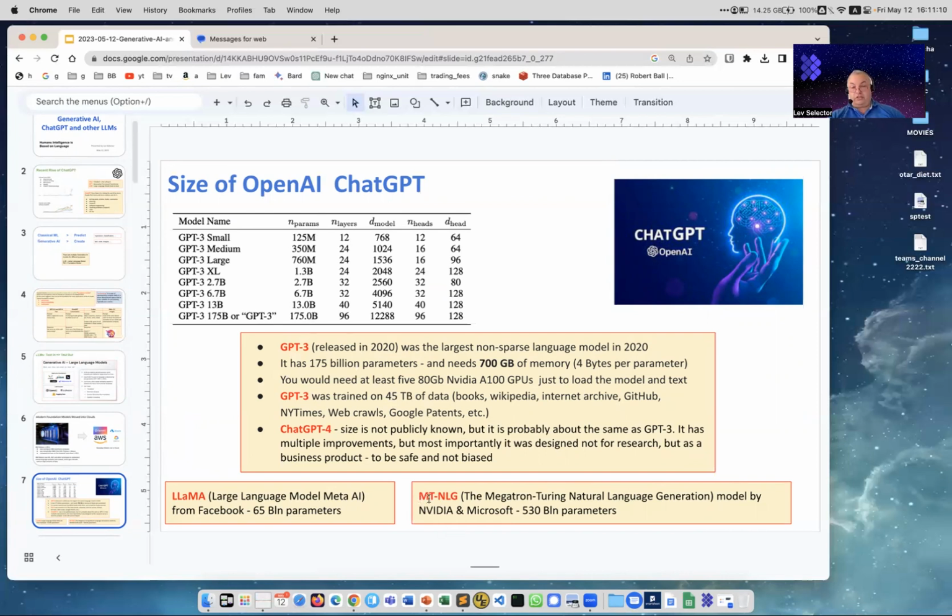The largest is this Megatron Turing machine modeled by NVIDIA and Microsoft. It was created a couple of years ago, and it has 530 billion parameters. Facebook's model has 65 billion parameters, and there are other models as well which are big. But ChatGPT made a revolution because they made it available and convenient, and it's a quite amazing set of useful features, right?